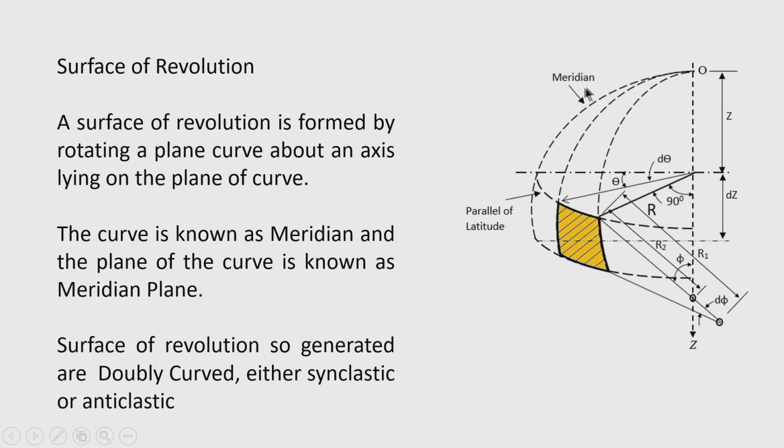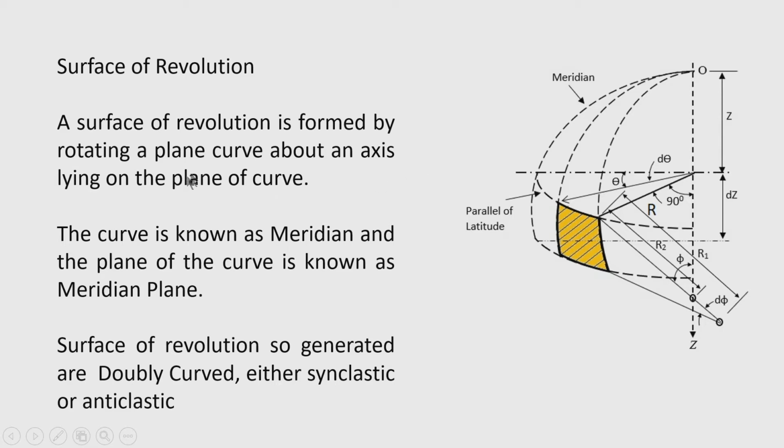But when we rotate an ellipse, a meridian of elliptical curve, then an ellipsoid of revolution is formed, likewise a paraboloid of revolution etc. Any arbitrary curve can be chosen, not only a circular arc, parabolic curve or elliptical curve, and you can revolve it around the axis of rotation to form the surface of revolution.